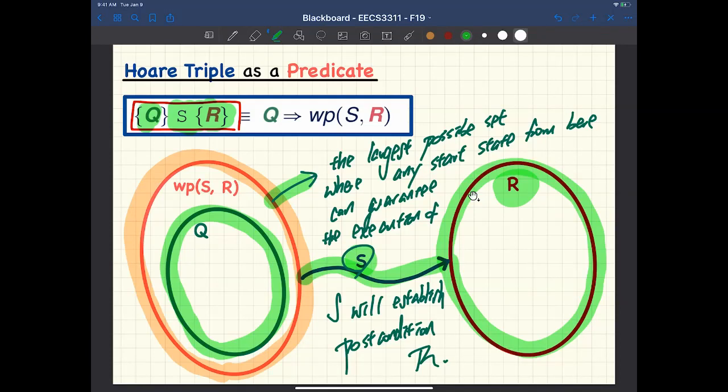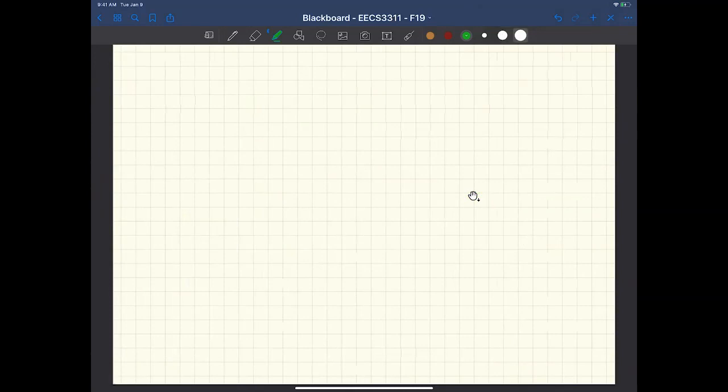What would be a case where the Hoare triple is false? I'll draw that right away. Again, let me draw from scratch.